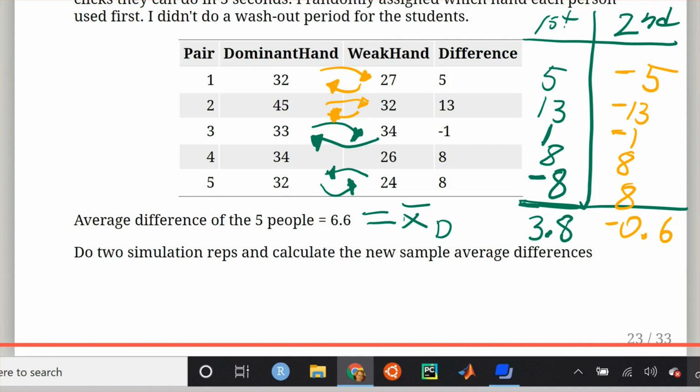So we'll do 1,000 simulations and get a null distribution of all these different sample differences with stars. And that null distribution will help us find the p-value. It can also help us find the standardized statistic and the confidence intervals. Then we can make a conclusion.